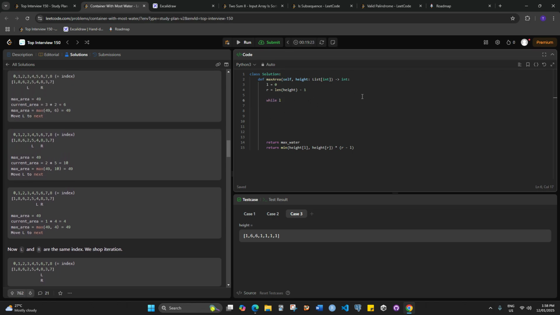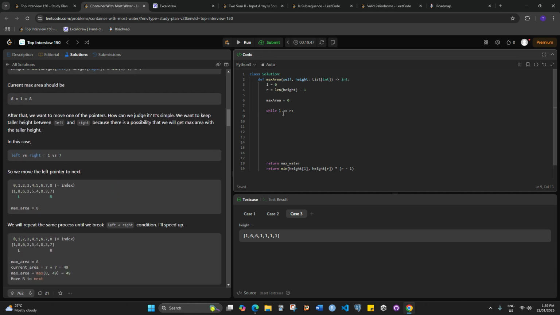Okay, so max area is equal to 0, while left is less than or equal to right, we can calculate area as the minimum of the two heights times the distance, and then max area is equal to the max of max area and this area. Cool.